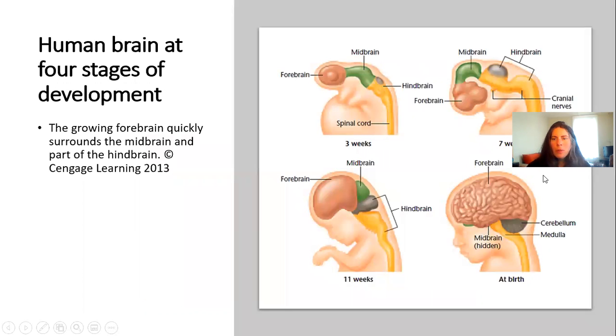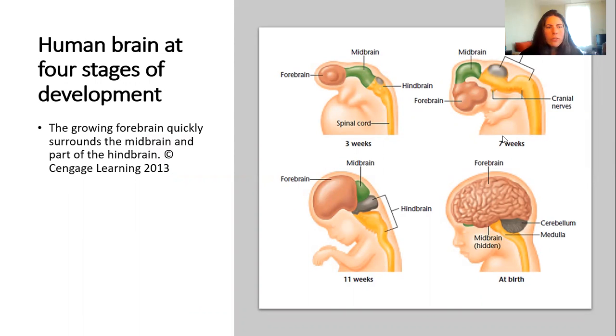And now we can look at the development of the brain over these 4 stages. So here at 3 weeks, we are starting to see the differentiation of the hindbrain, the midbrain, and the forebrain. And we can see the enlargement of these areas. And we can start to see the forebrain surrounding parts of the midbrain and hindbrain.